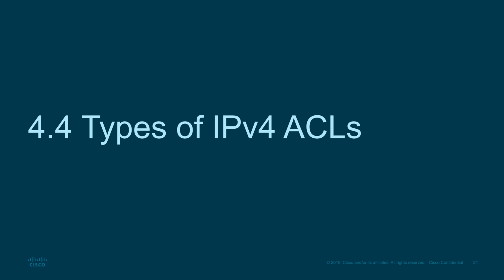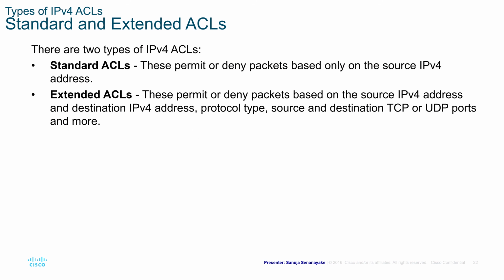Types of IPv4 access control list. So I briefly described there are two types of access control list available on Cisco IOS devices. They are the standard ACLs and extended ACLs.